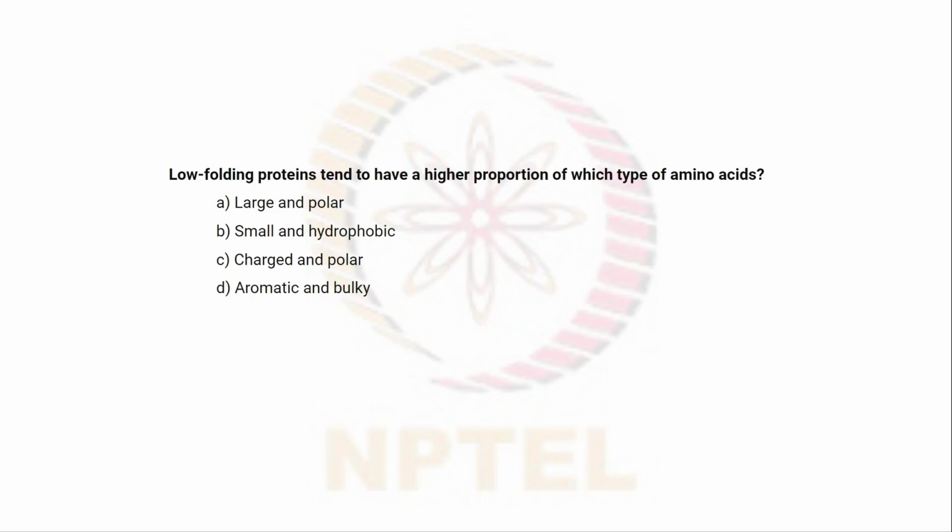So when we come to the presence of alpha helical content and beta sheets and their effect on the folding state, the work on this started from the late 1950s.